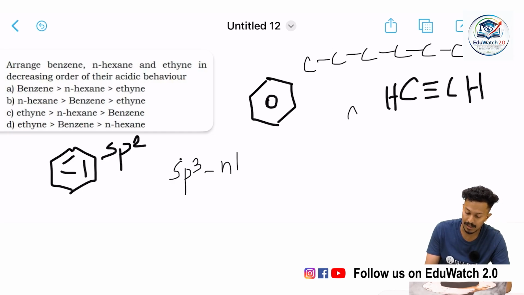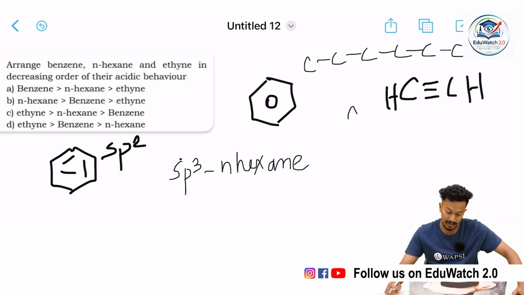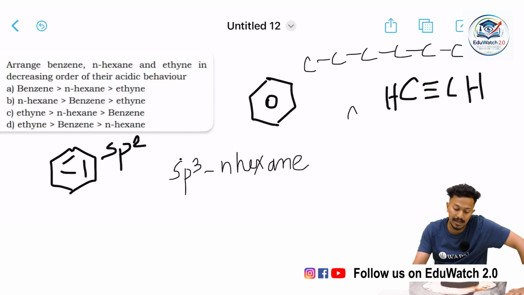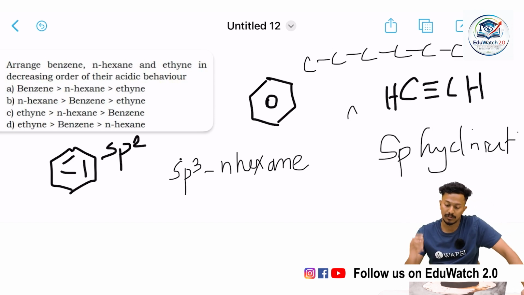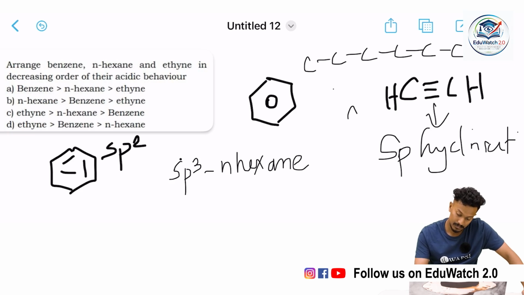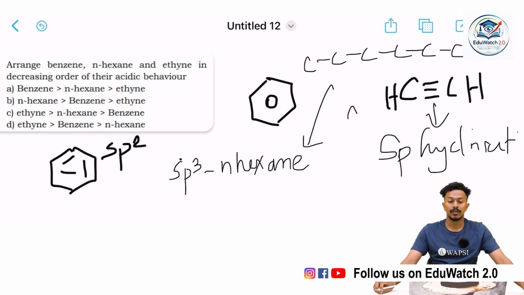Normal hexane has sp3 hybridization, and ethane has sp hybridization in each of their carbon atoms. So we have to find out the acidic character.